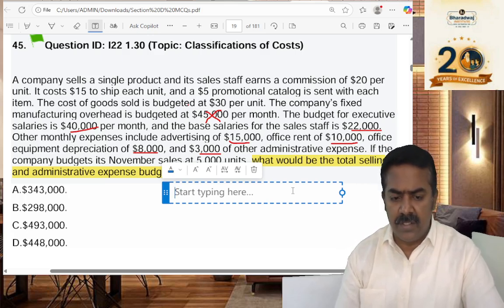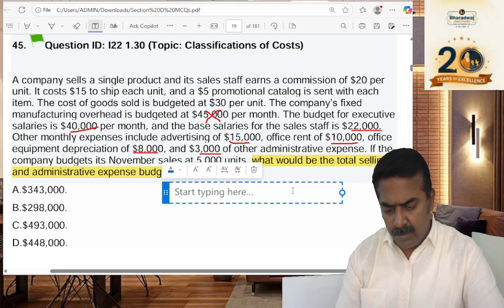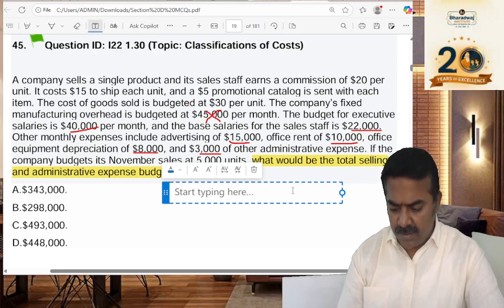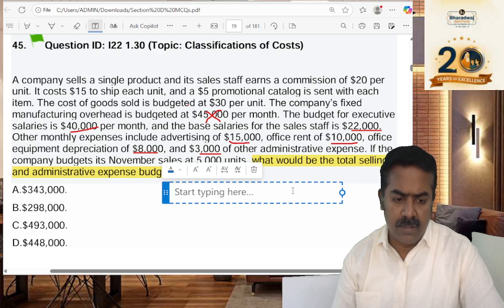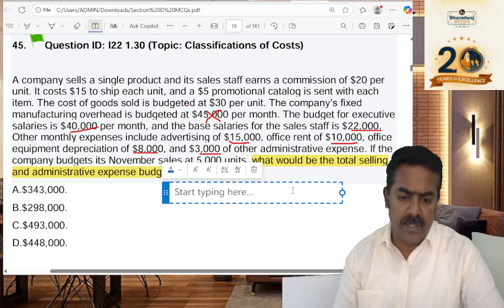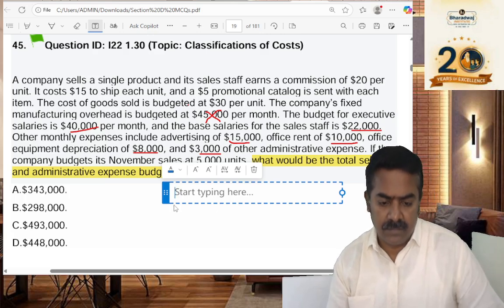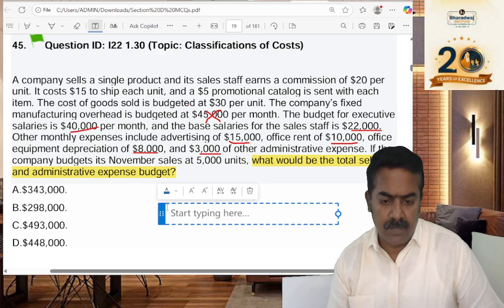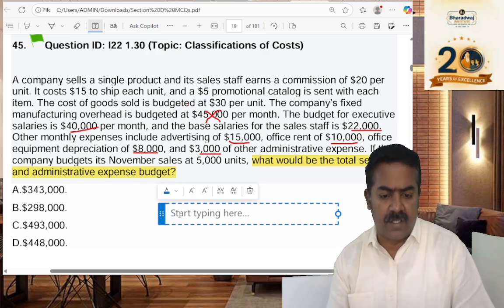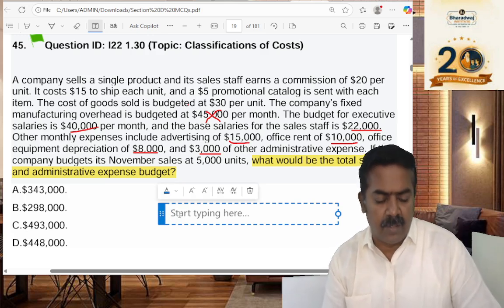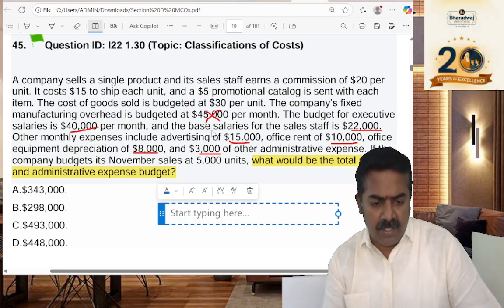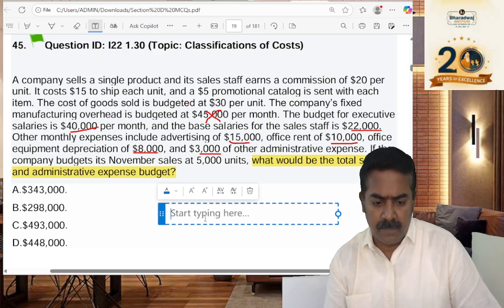What is the total of all these things? 40,000 plus 15,000 plus 10,000, 22,000, 8,000, 3,000. What is the total? This is a fixed cost. Very fixed cost will remain the same. Tell me the fixed cost first. 40 plus 22 plus 15 plus 10 plus 8 plus 3.